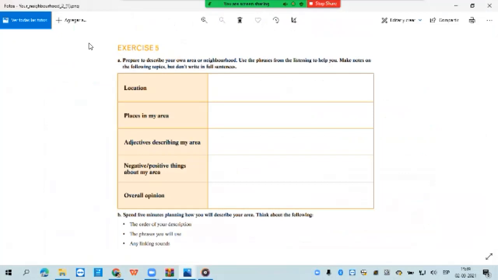You're going to talk about the location, the places that you can find in your area, something like pubs or whatever, important places in your area. Then the adjectives you're going to use to describe your area. Obviously, I will ask you to introduce the new words. Then negative and positive things about the area and the overall opinion.